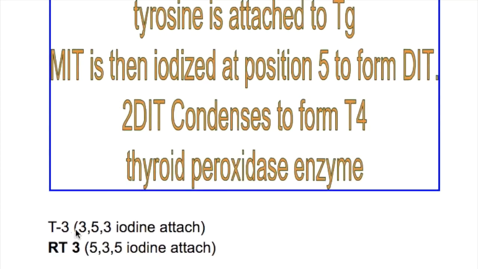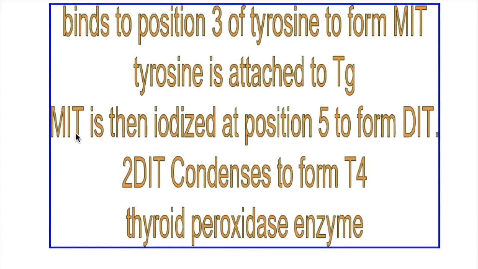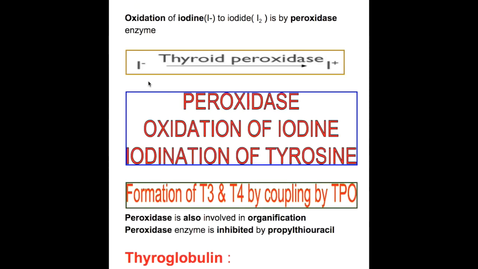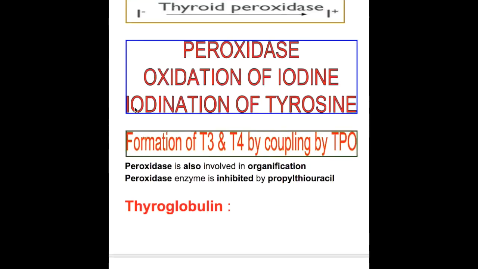So T3 is 3,5,3, where the iodine is attached, or one monoiodotyrosine attaches with one diiodotyrosine to form triiodothyronine, or 2 diiodotyrosine form T4. Thyroid peroxidase is responsible for oxidation of iodide to iodine. Number 2, it's responsible for iodination of the tyrosine.